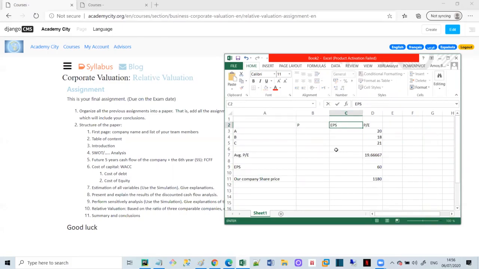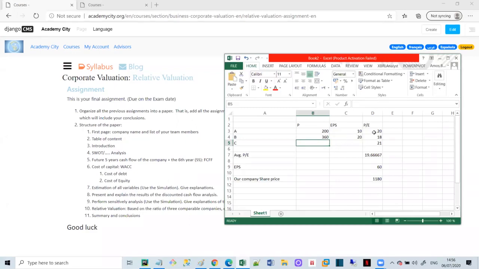And I will do it for all the companies, okay? So let's say, just making it up, 200, and 10. Let's do here 180, 360. I'm just making it up. Here I think I need 20. Okay? And that's the way I do it.